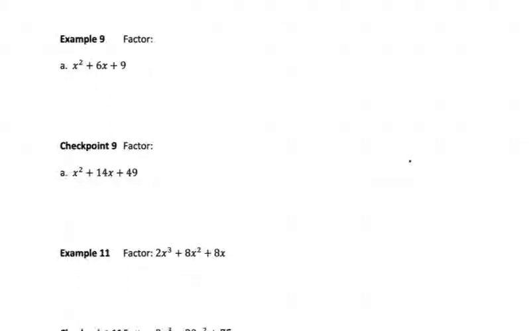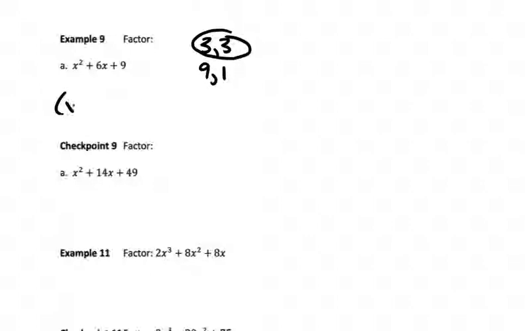For example 9, the way the textbook has you do it is to use a formula for perfect squares. I would recommend just thinking of this as a regular trinomial. I think it's easier than trying to remember how a formula works. But if you think of this as a trinomial and you're looking for two numbers that multiply to 9 and add to 6, those possibilities are 3 and 3 and 9 and 1, and the pair that adds to 6 would be 3 and 3.